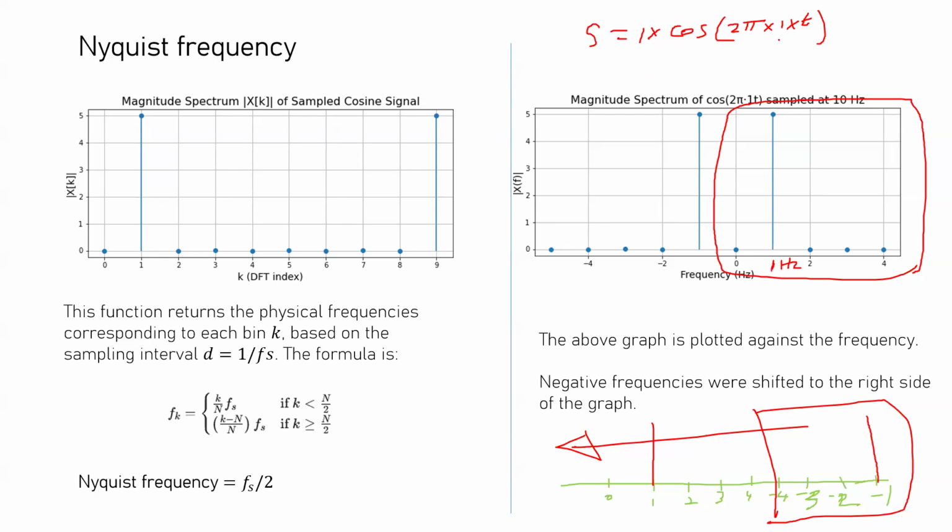So the frequency is 1, and you can see a peak at that frequency in this magnitude spectrum over here. So in this way, we can identify the frequencies of a signal using Fourier transform.